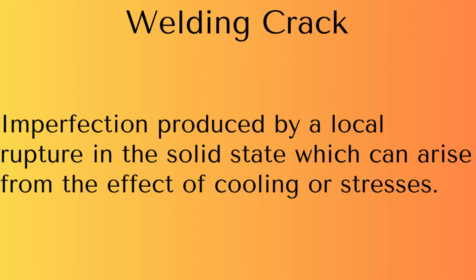So these cracks come because of cooling or the stresses which we are producing due to the simultaneous heating and cooling. And these cracks are the most severe type of imperfection. Why? Because of their geometry, they result in a very large amount of stress at the crack tip, right? And that makes it more susceptible to fracture.